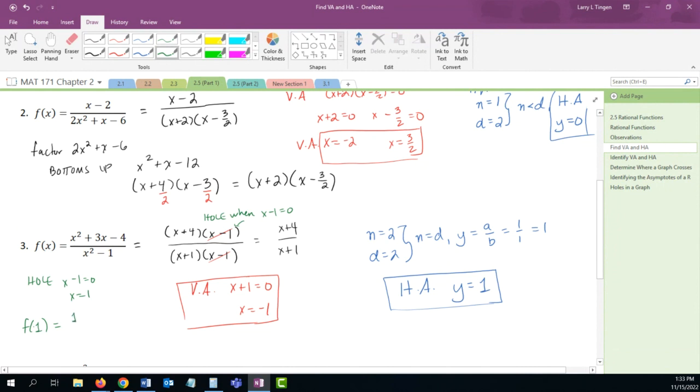So f at 1 is 1 plus 4 over 1 plus 1, which is 5 over 2. So that means I have a hole at the point 1, 5/2.